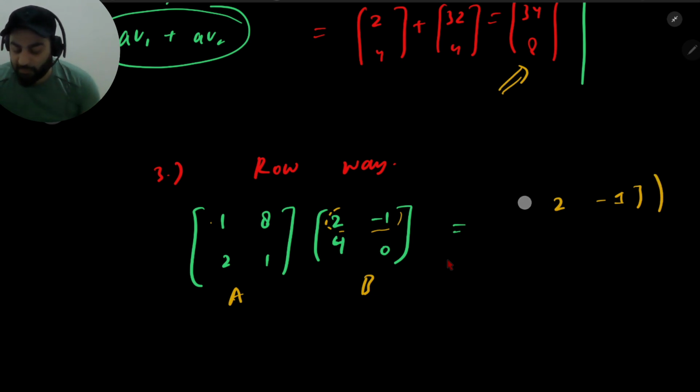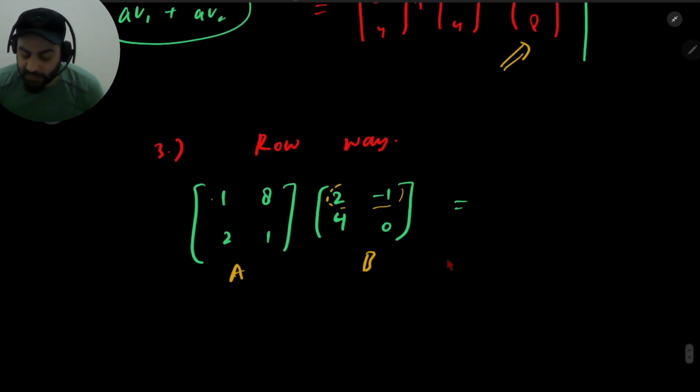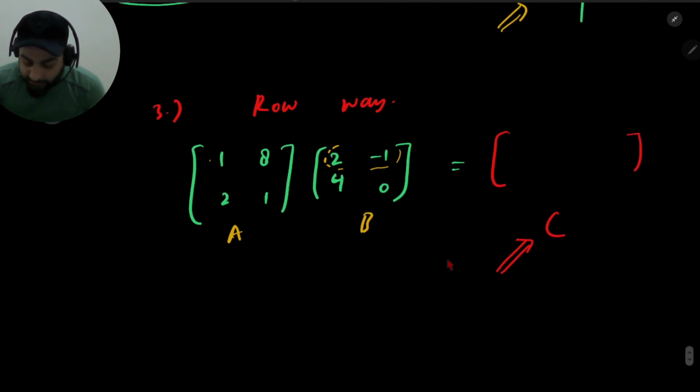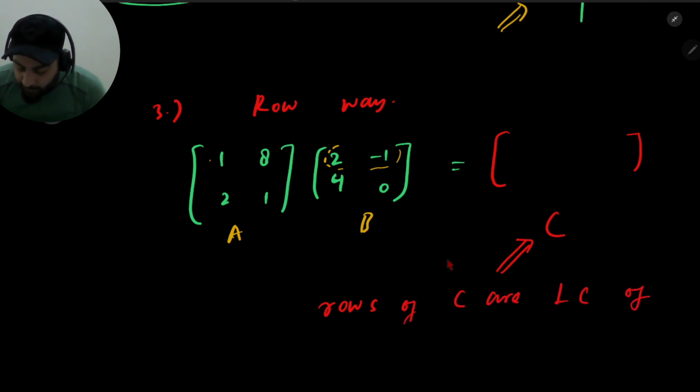So I'll tell you the result upfront so that you understand where I am going. We'll get some matrix C over here, and the rows of C are linear combinations of rows of B. This is what I'll get.